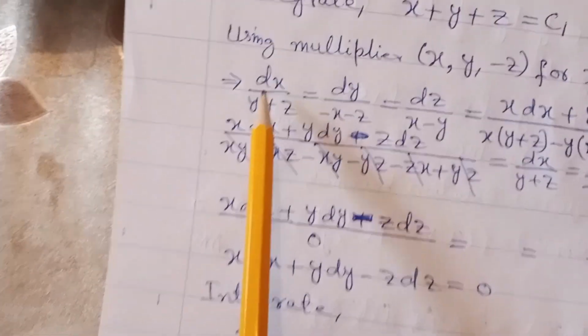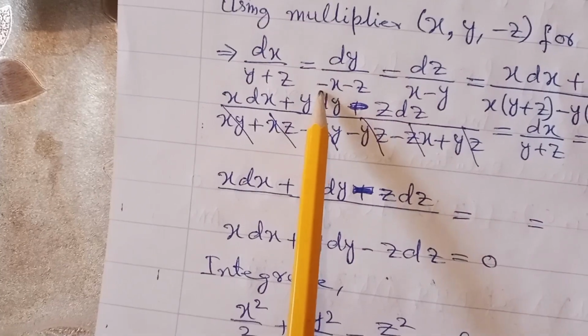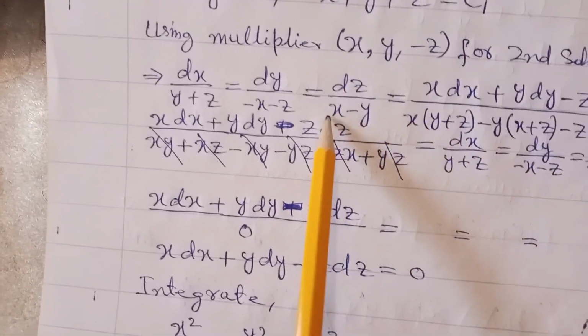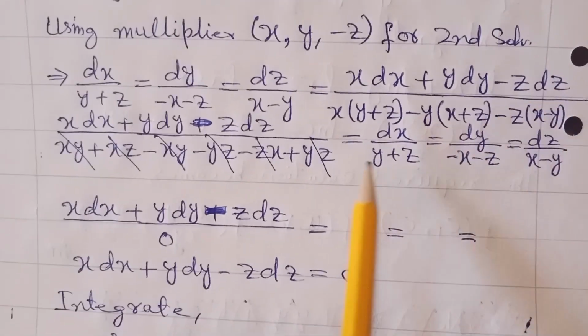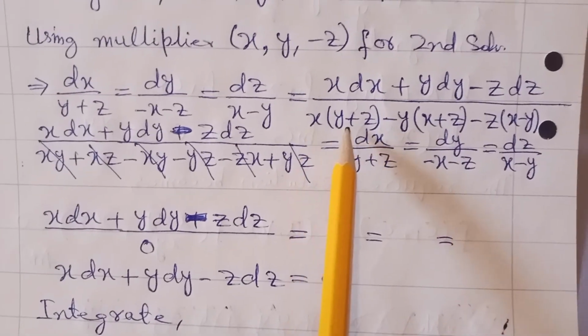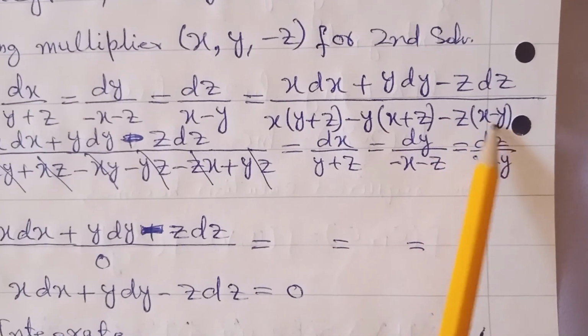So look at this, the auxiliary equation dx upon y plus z, dy upon minus x minus z, dz upon x minus y is equal to x dx plus y dy minus z dz, and the denominator x times (y plus z) minus y times (x plus z) plus z times (x minus y).